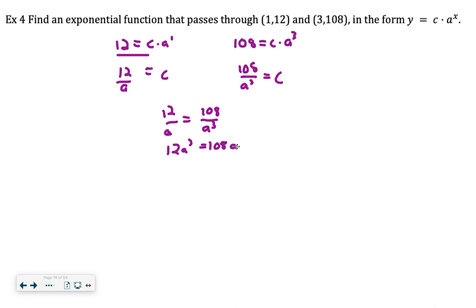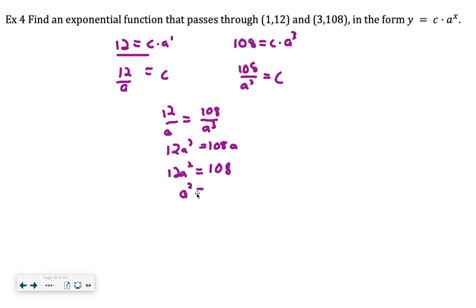So now I just want to get my a's on one side and my numbers on the other. So I'll start by dividing both sides by a. If I divide this side by a, a cubed over a would just be a squared. And then I'll divide both sides by 12 to get the variable by itself.